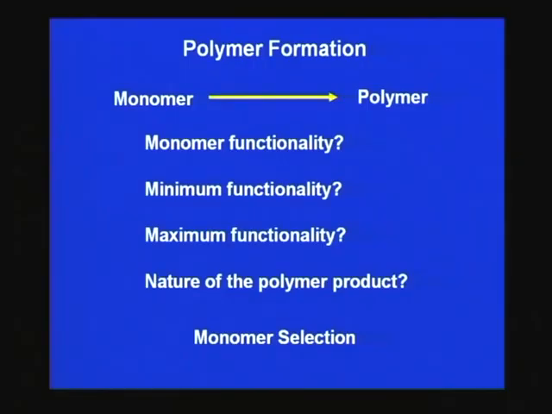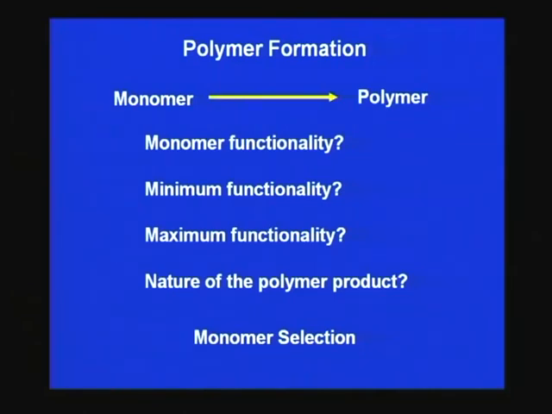There are various principles followed for the manufacture of such polymers, and you have seen from the classification scheme that there are condensation polymers, addition chain polymers, or step polymers, which are manufactured by following certain principles of synthesis.